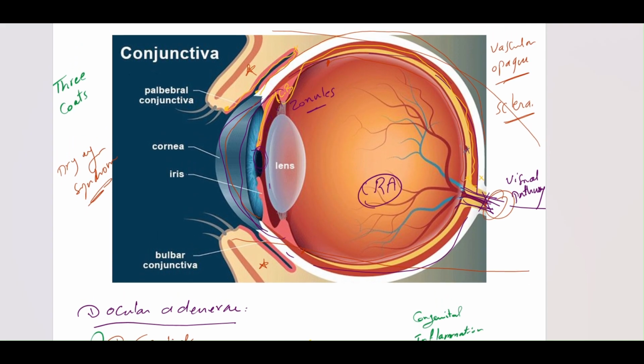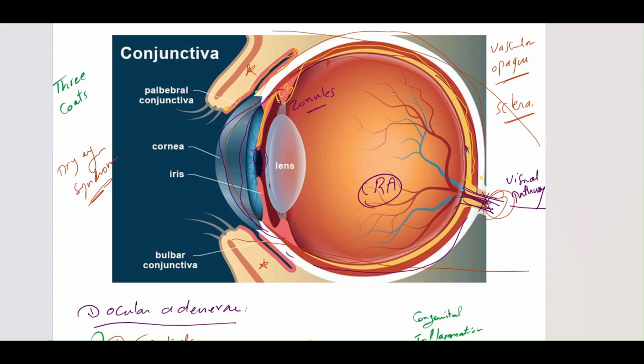So these are the coats of the eye: outer fibrous, middle nutritive vascular, inner neurosensitive. There is an optical structure, which is the lens, which is not one of any of these three coats.